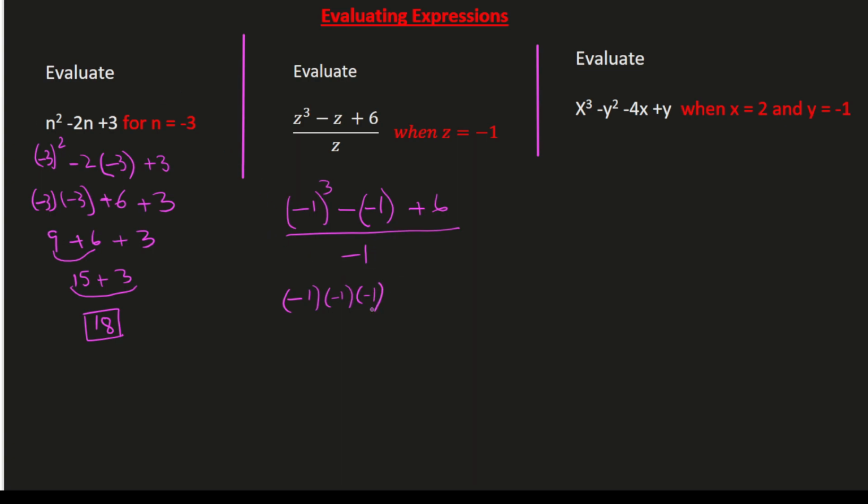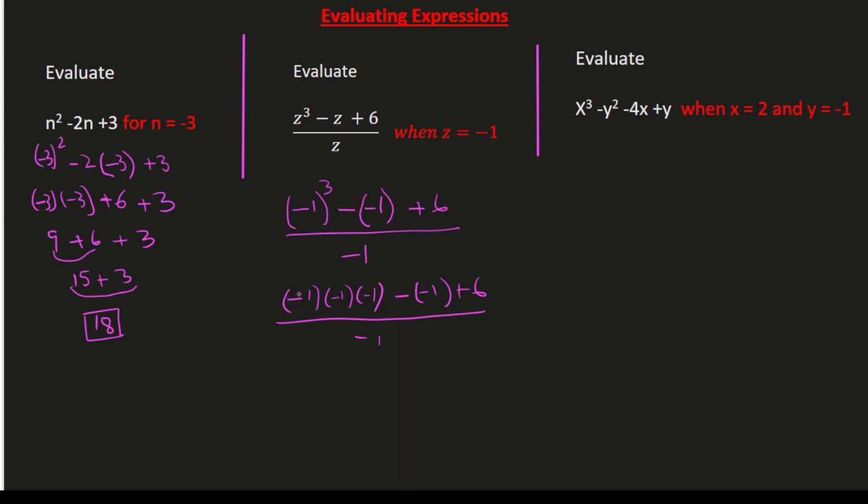We get negative 1 here. So minus, we get this minus here. Let's take care of that right now. So minus negative 1, oh sorry, that's okay. So minus negative 1, plus 6 over negative 1.